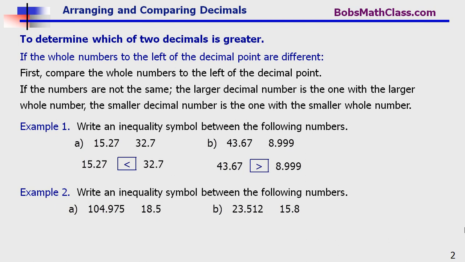Again, write an inequality symbol between the following numbers. It opens up towards the larger number, and it points towards the smaller number. So for A, it opens up to the 104, because 104 is greater than 18. And then B, which is larger, the one on the left or on the right? Right, the one on the left.